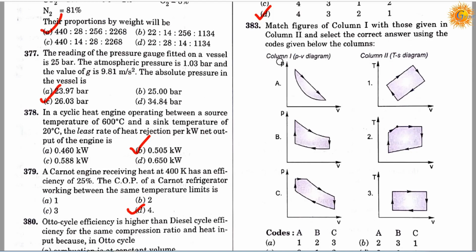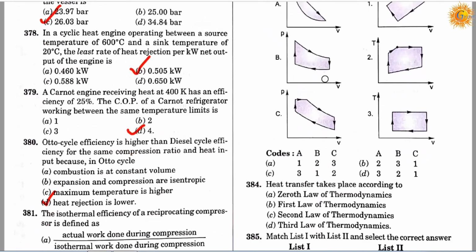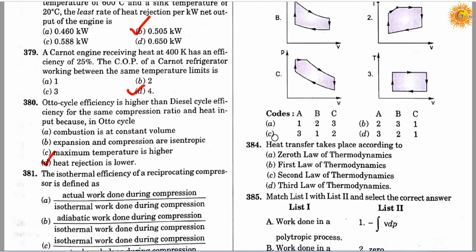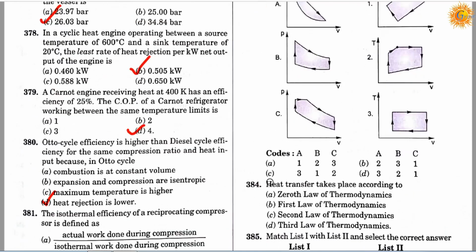You can see in the first column are PV diagrams of different cycles, and in the second column you can see the TS diagrams of different cycles. So you have to match these. The correct answer here will be C.